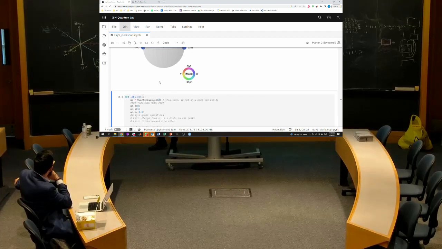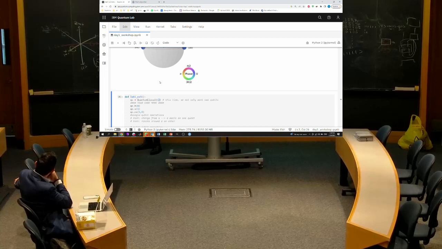So the first step, and this is how people think about it, we number the qubits from left to right, so this will be qubit 0 and this will be qubit 1. Let's choose that qubit 0 will be the control and qubit 1 will be the target.